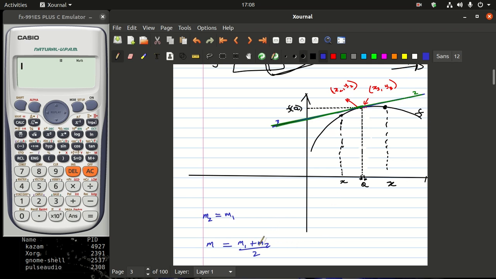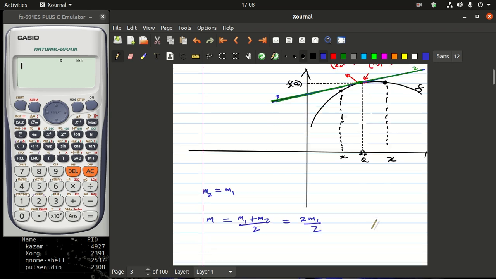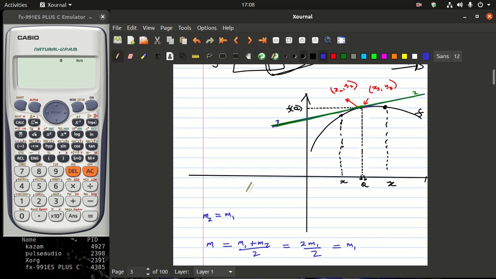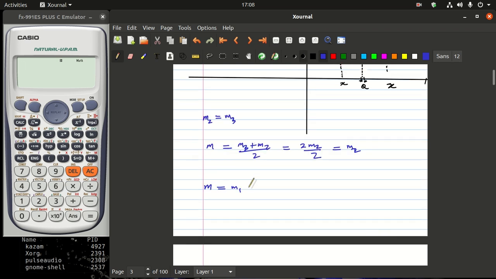And if you look carefully, because m2 is the same as m1, I will end up having 2 times m1 divided by 2, or simply 2 divided by 2 is just 1, so I'll end up having m1. So my slope of the tangent line is just the same as the slope of, no, this was supposed to be the third line, 3. So this one was supposed to be 3, this was supposed to be 2, so that I end up saying I have 2.